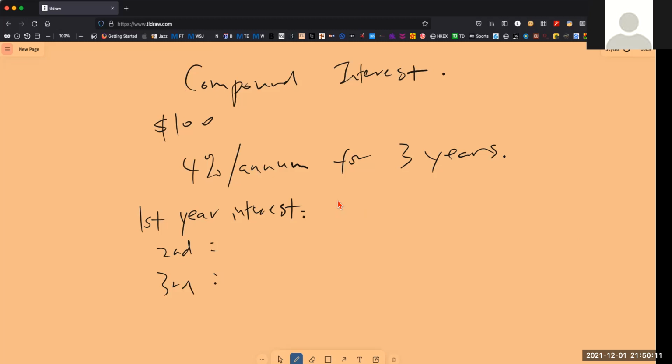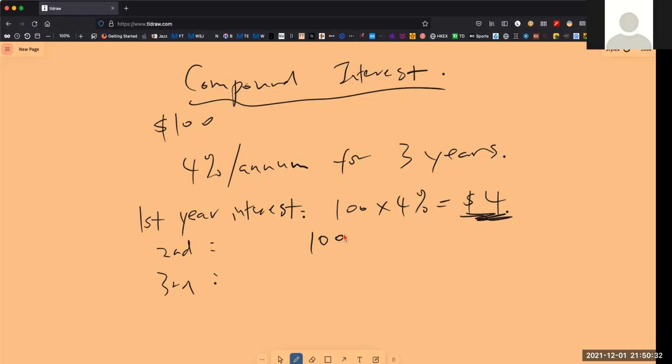First year you start with 100, so you times 4%. So you get $4. Because this is compound interest, after first year you are going to get $4 more. So for the second year, you don't start with 100, you start with 100 plus this 4. So actually you start with 104.